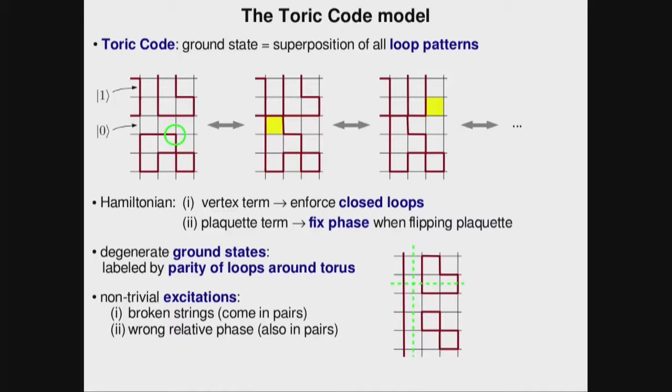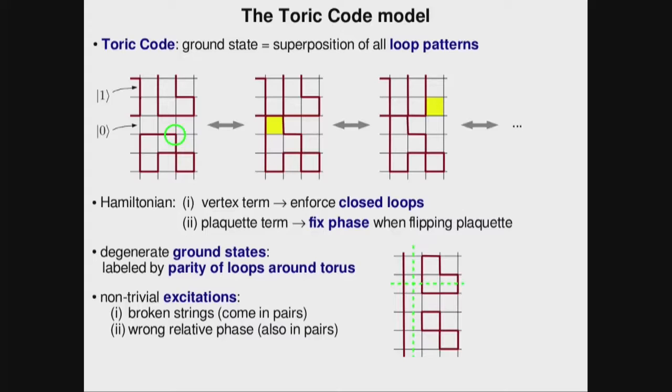And one way of seeing that is by taking this configuration. It has one loop going from the top to the bottom of the torus. And whatever plaquette you flip, you will never be able to make this loop go away. And the reason is that if you make a cut like this, this horizontal green dotted line, and you count how many loops cross, it's 3. You flip a plaquette, you might change the 3 to 5. The 3 might stay a 3. Right?